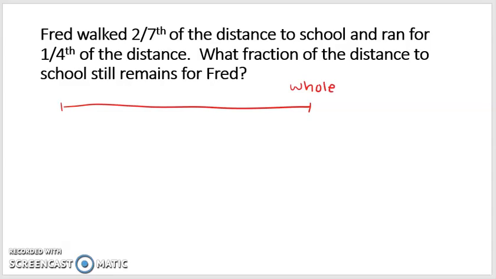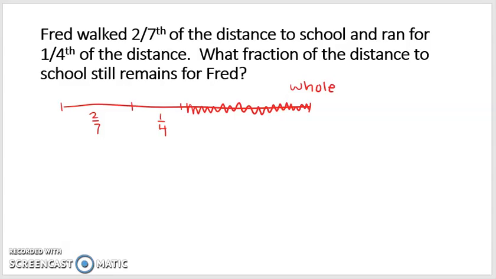Fred walks 2/7 of that distance, whatever that is. So that's 2/7 of the whole. Then he walks a quarter of the distance. And the question is, what portion is still remaining? Which is this part right here.